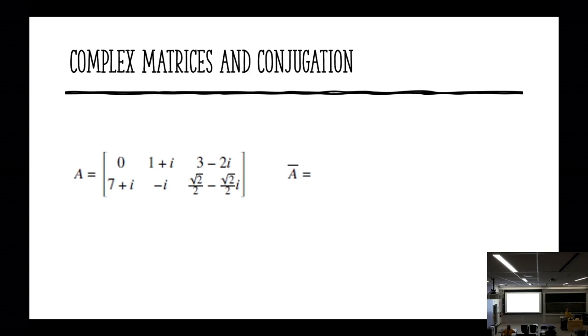So if I have this matrix on the left, the conjugate of this matrix is just the matrix where all the entries I've taken the conjugate. So 0, 1 minus i, 3 plus 2i, 7 minus i, square root of 2 over 2 plus square root of 2 over 2 i.